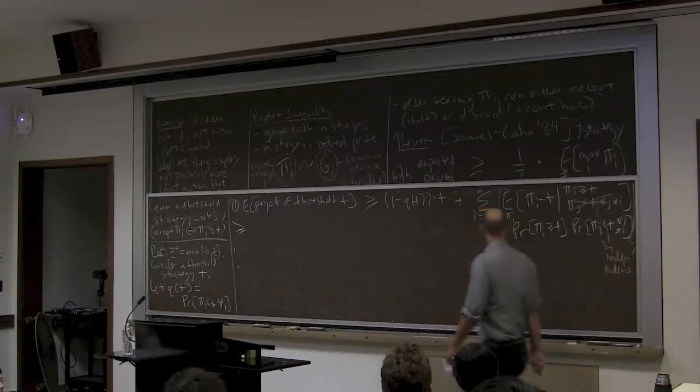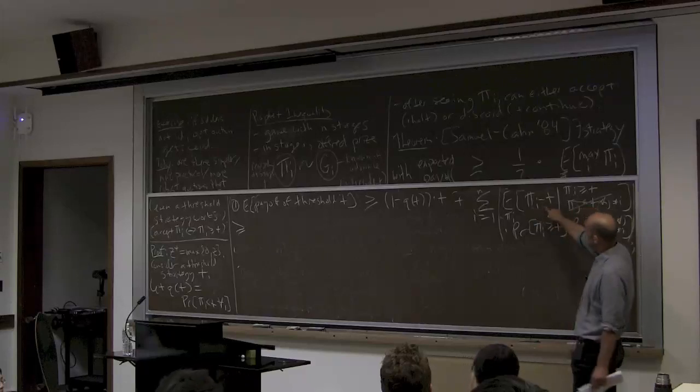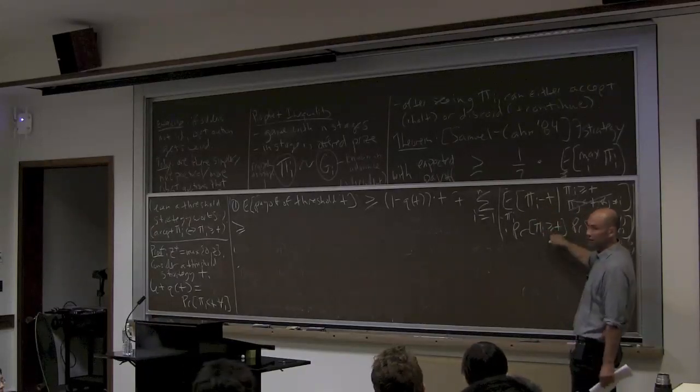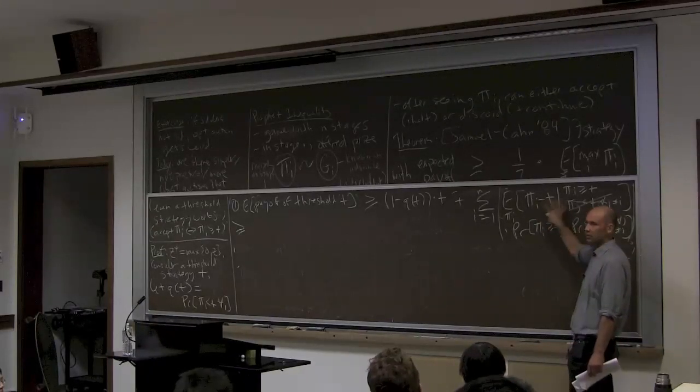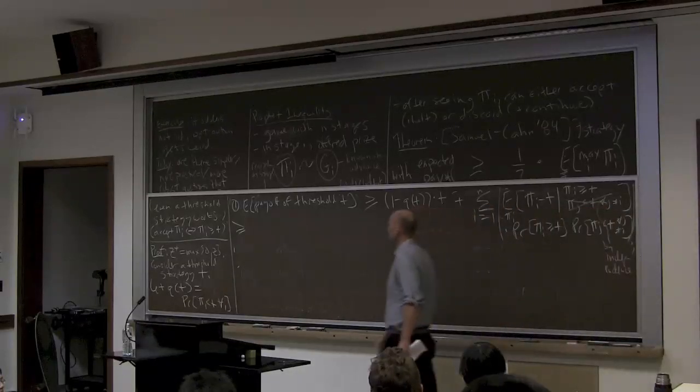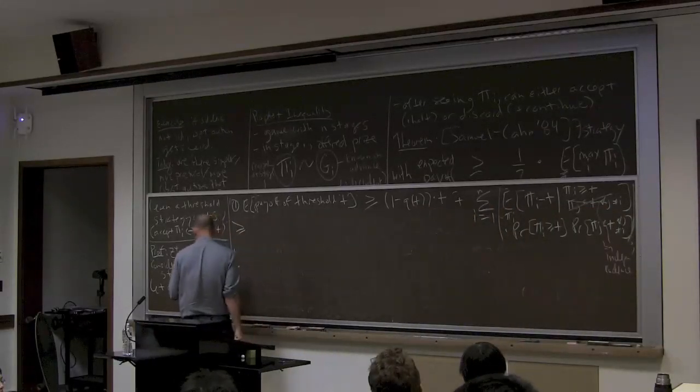And so now let me just clean this up. Instead of looking at this expectation conditioned on the event that it's non-negative, I'm just going to write this with my plus notation instead, just for simplicity.